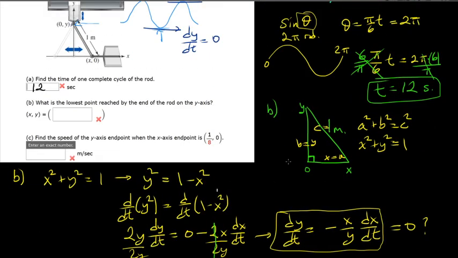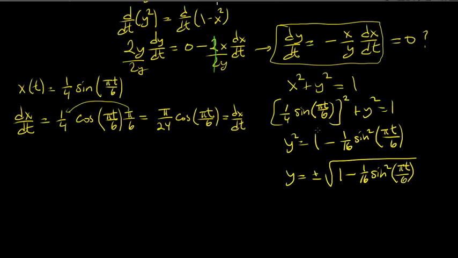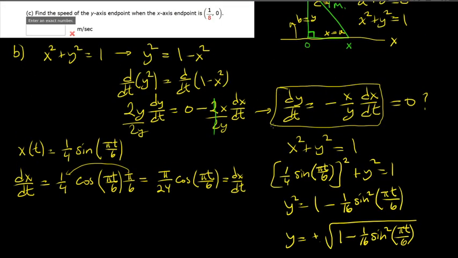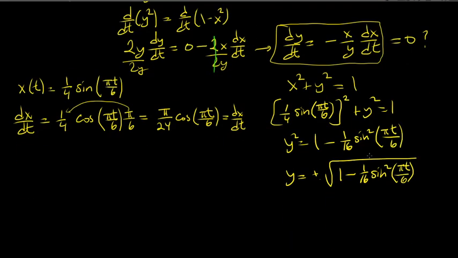After all, if this is the x-axis and this is the y-axis, this thing is always going to be up here. So it should be the positive square root. So never mind, it's always the positive square root. And to that end, we could have just taken the derivative explicitly here. But maybe it's more fun using implicit differentiation.